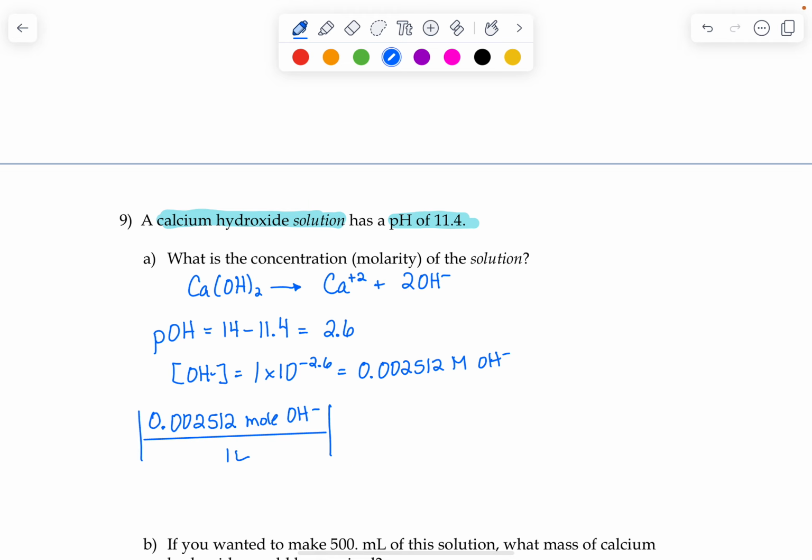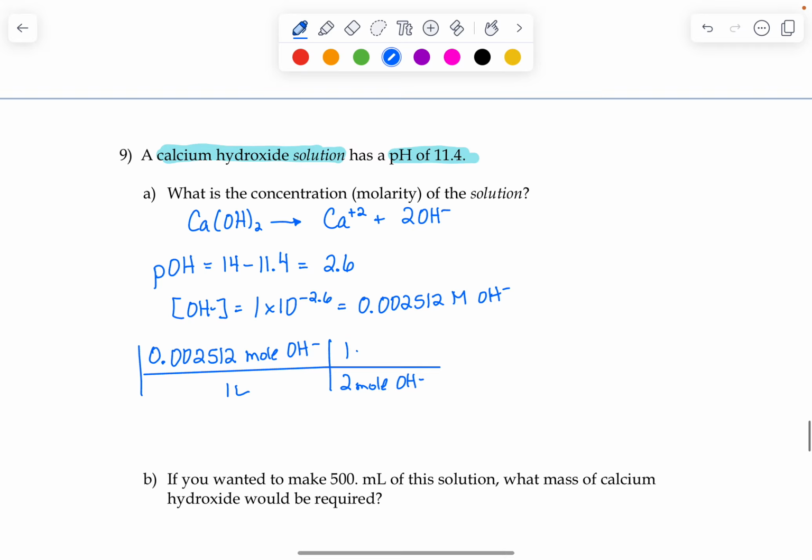And from my balanced equation up above, it says that there are 2 hydroxides for every 1 calcium hydroxide. Therefore, the molarity of the whole chemical is going to be half that of the ion. And so we'd get a molarity of about 0.001256 molar calcium hydroxide.